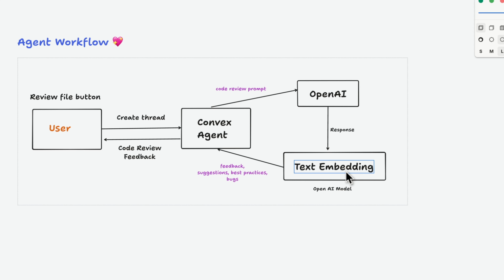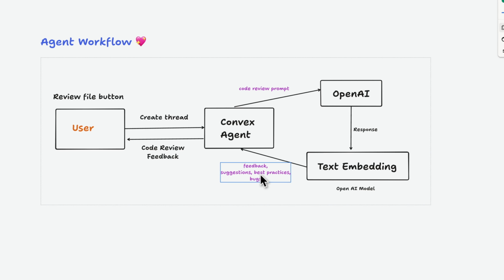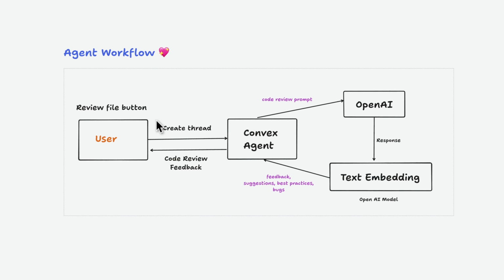It will use the text embedding model, which helps the agent understand the meaning across messages. Then that model is going to respond with feedback such as suggestions, best practices, and any bug alerts that it has found. Convex bundles this into a structured result and returns it.